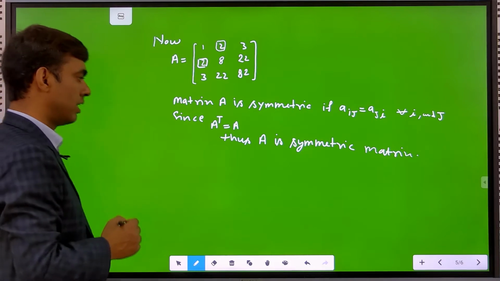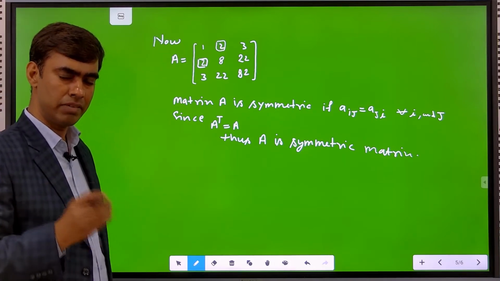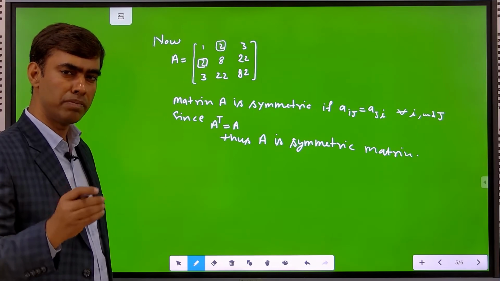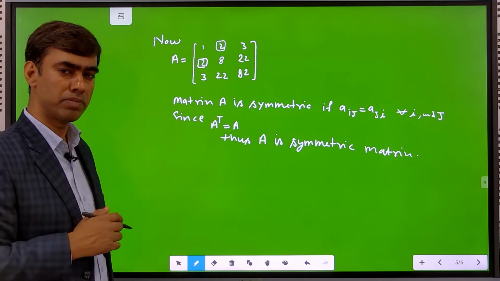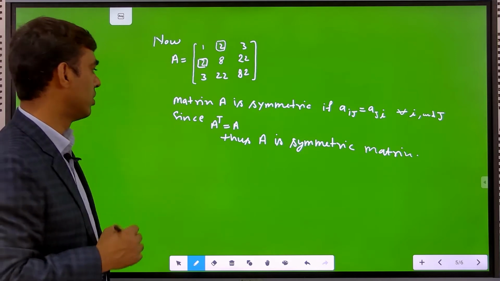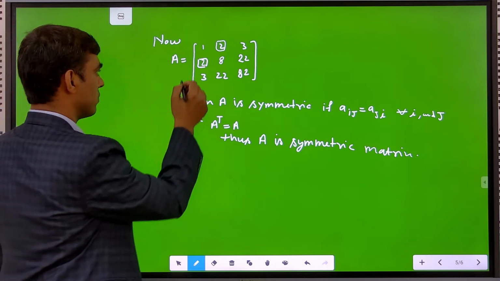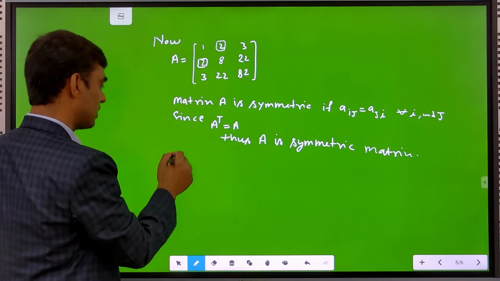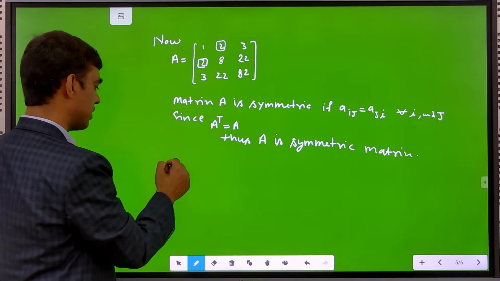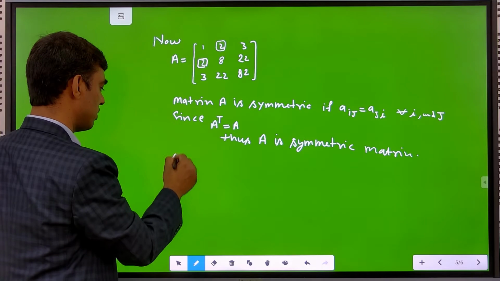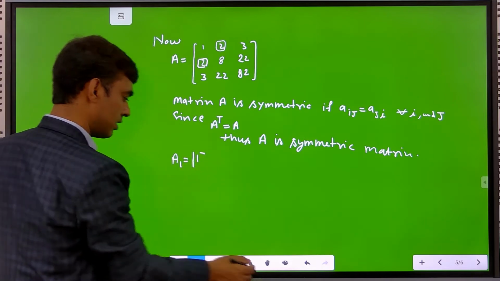Now, is A positive definite or not? A matrix is said to be positive definite if the values of its principal minors are greater than 0. The principal minor of order 1 is A1, the determinant of 1.